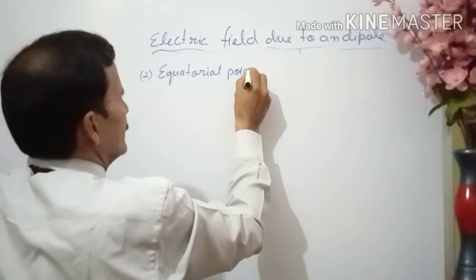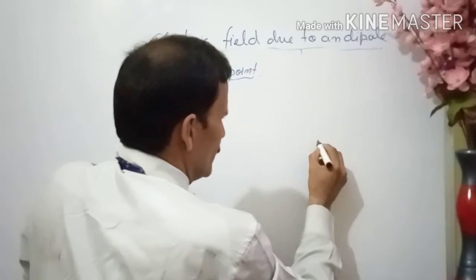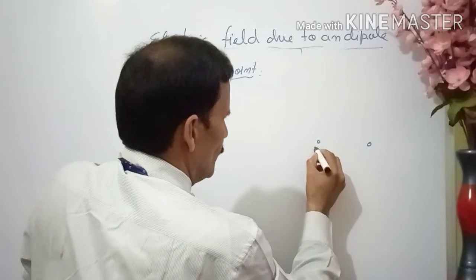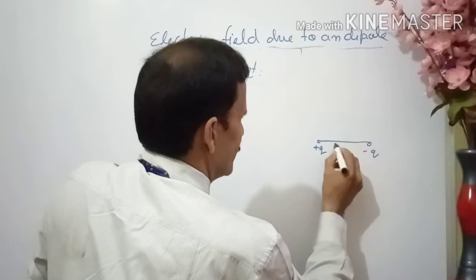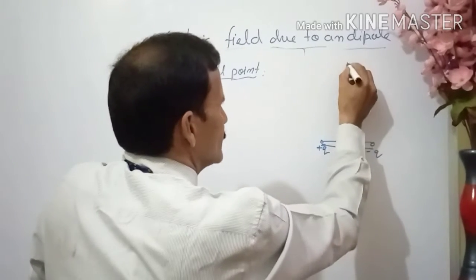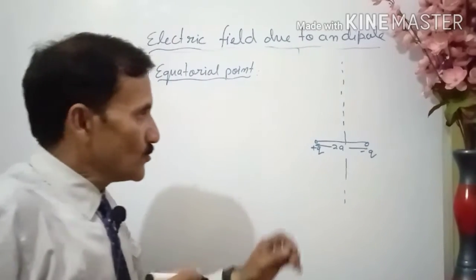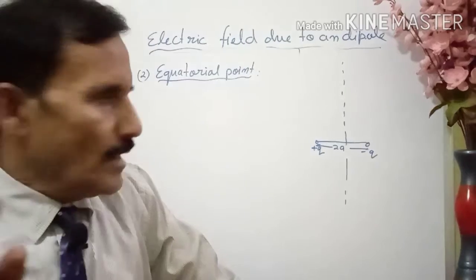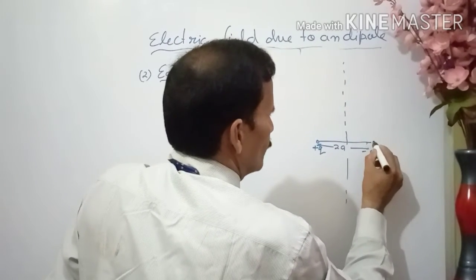So what is an equatorial point? I have already explained you. Again take, suppose this is a dipole plus q minus q placed at 2a distance, then this line which is perpendicular and passing through the middle point of the axis of dipole is called the equatorial line.